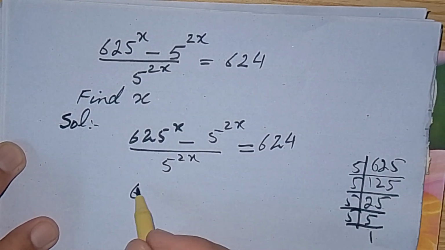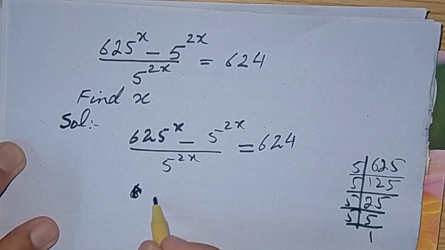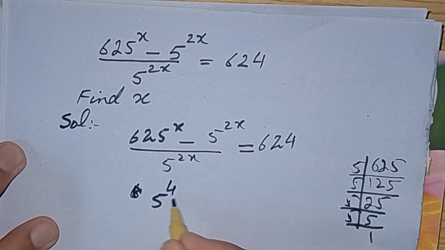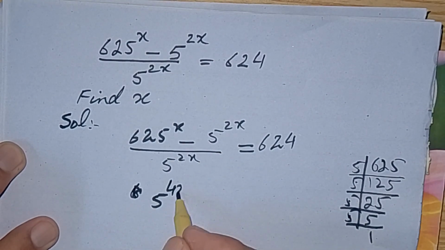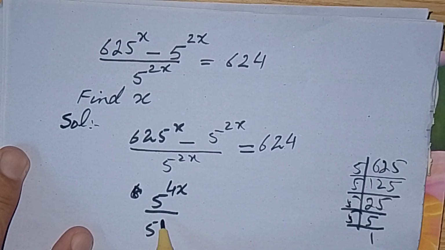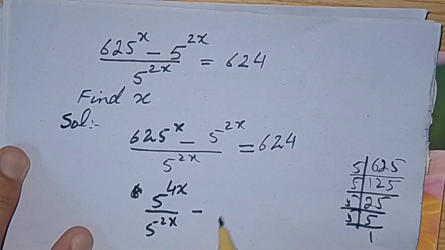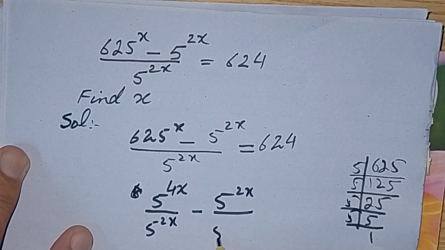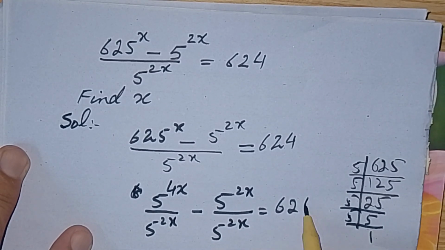Therefore this is equal to 5 raised to the power 4, and there is x, so 5 raised to the power 4x over 5 raised to the power 2x, minus 5 raised to the power 2x over 5 raised to the power 2x is equal to 624.